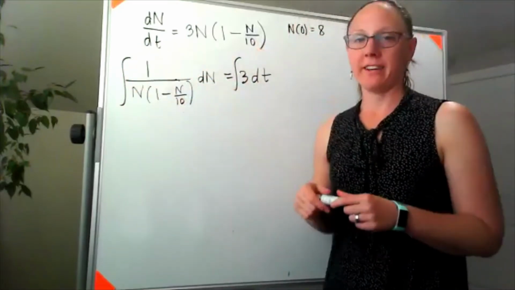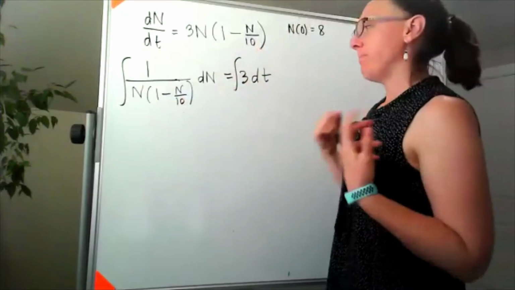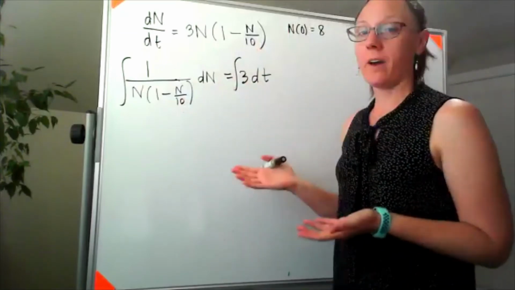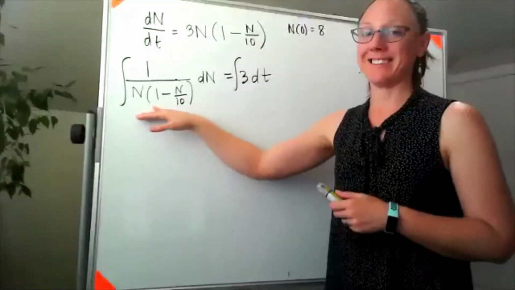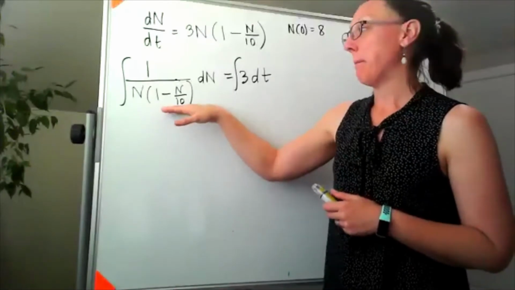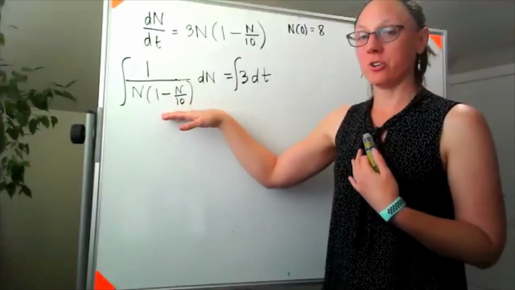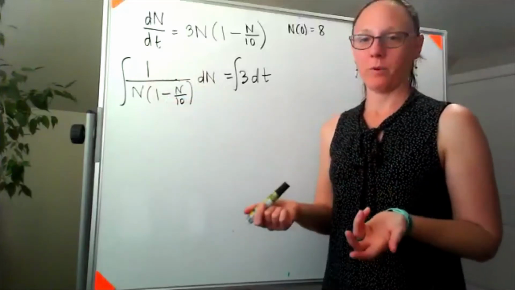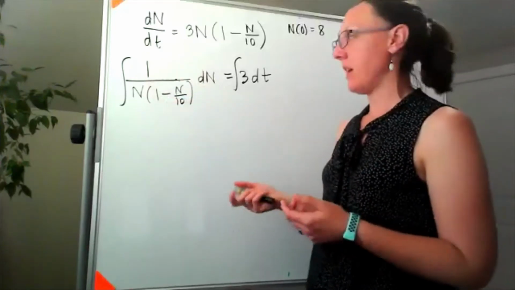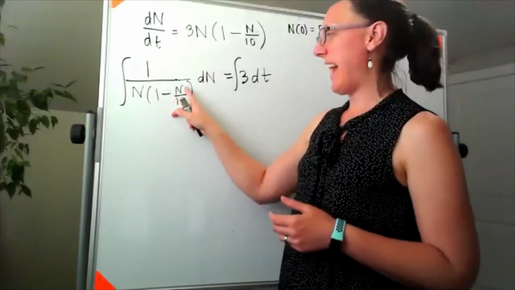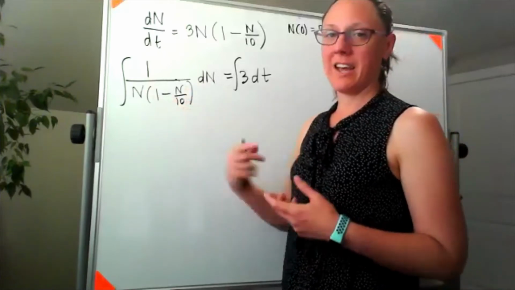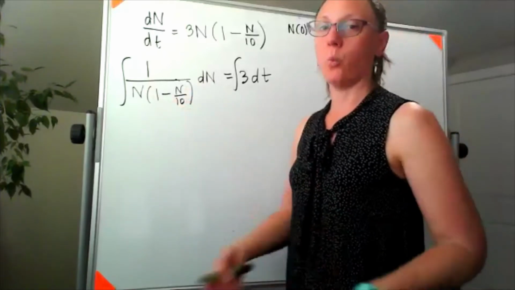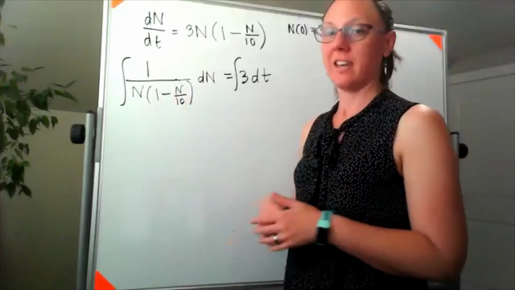Over here on the left-hand side, we can go ahead and think about this as is, but I'm going to choose to manipulate it with a little bit of algebra first before we find the antiderivative. And it's really that n over 10 piece. I'd rather not have fractions within my partial fractions if I can avoid it.